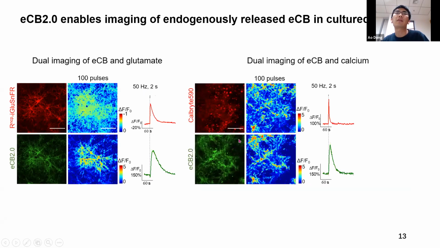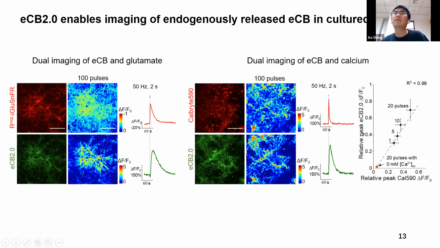Similarly, we could also detect the eCB signals and the intracellular calcium signals using a calcium dye. Consistent with previous studies that eCB production is calcium dependent, we see a good correlation of the peak eCB signal with calcium signal.